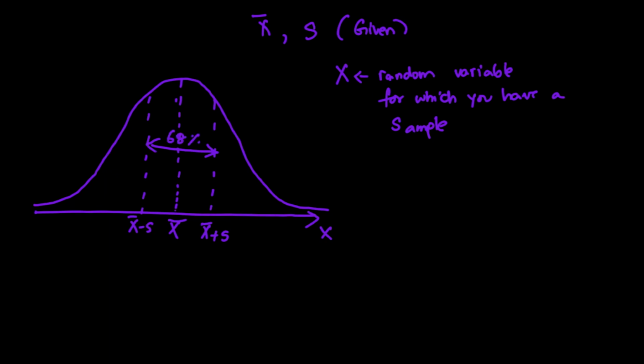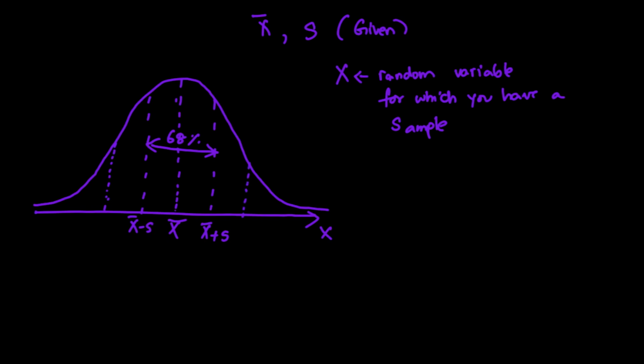So for any observation between x bar minus s and x bar plus s, there is a 68% chance that you can see the observation between x bar minus s and x bar plus s if the data has a normal distribution. So I'm going to write the rule, and this might make better sense when we do an example.